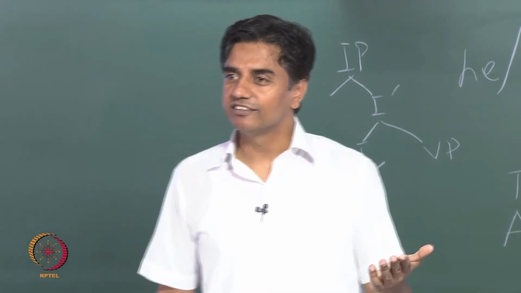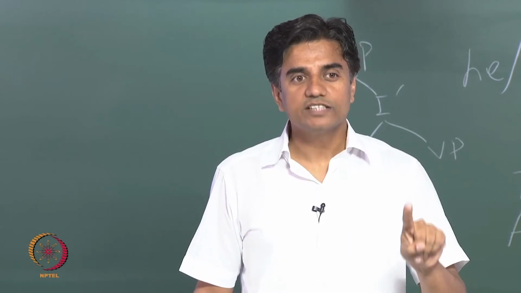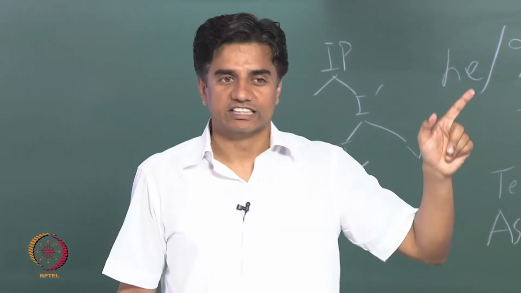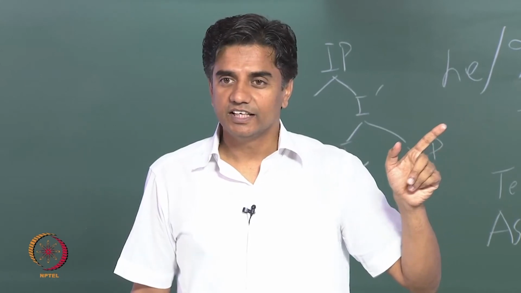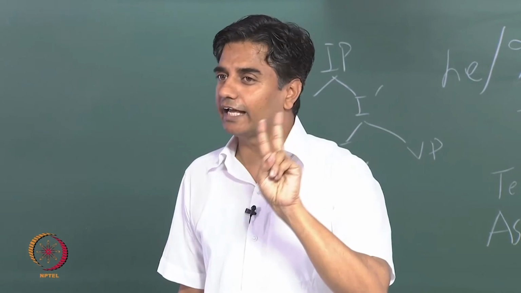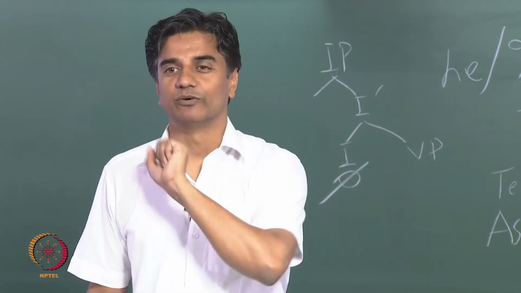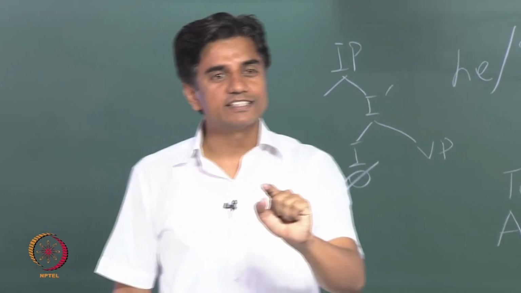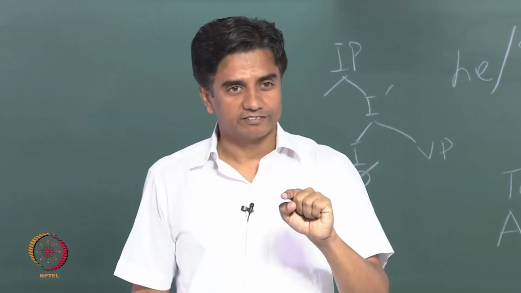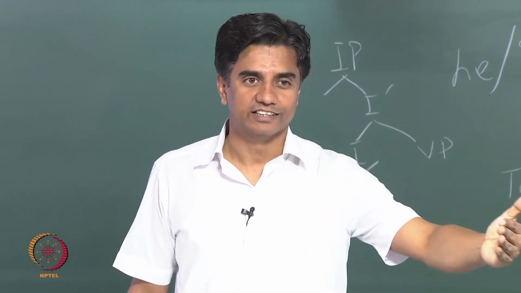I have eaten is an example of present perfect, which is very different from I had eaten. If you say I had eaten and I have eaten, what's the difference? Completed just now. Which means present perfect and past perfect both give us a sense of perfection.